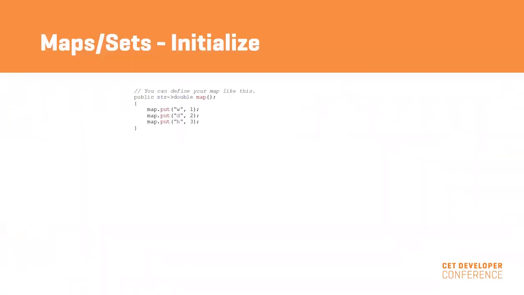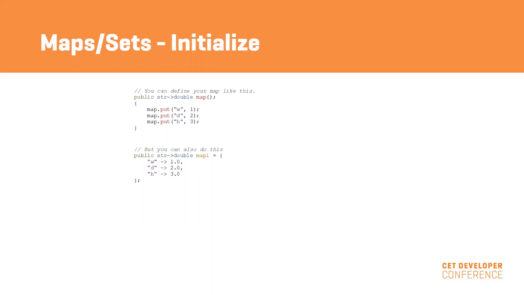So you've probably seen this before. I think this is probably how most people will make a map. You'll define it and then you'll just append to it using put. But you can also do this. There's a friendly syntax that helps you declare it in the same line.